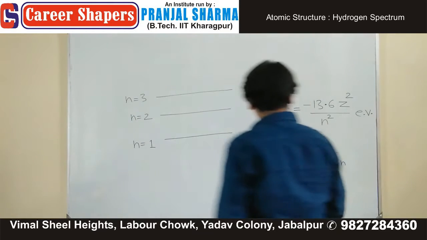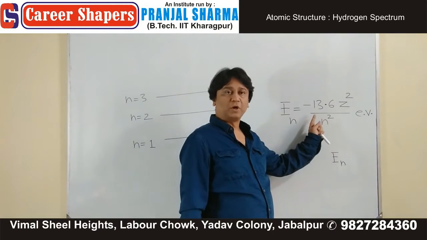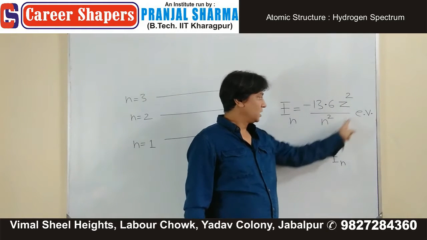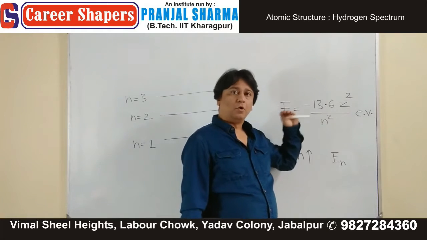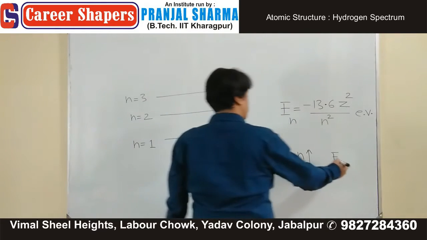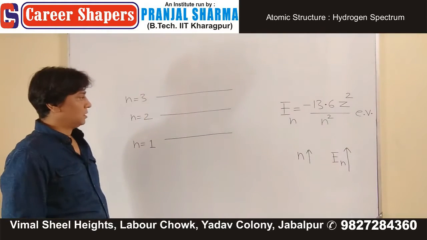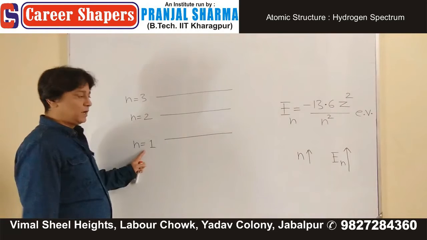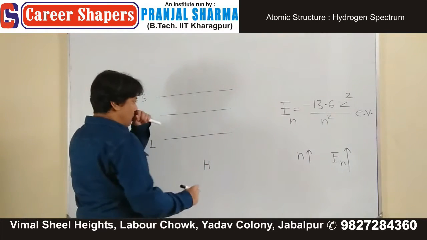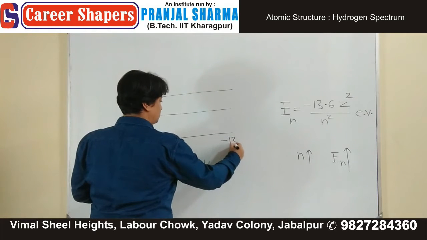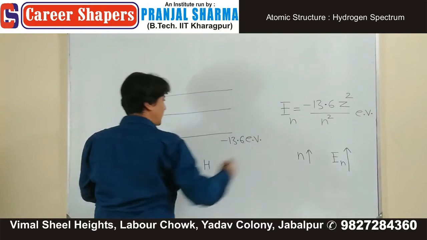Good. As you increase N, the denominator is going to increase, the numerical value will decrease, but since you have a negative sign, overall energy is going to increase. For N equals 1 and for hydrogen, this is minus 13.6 electron volts.